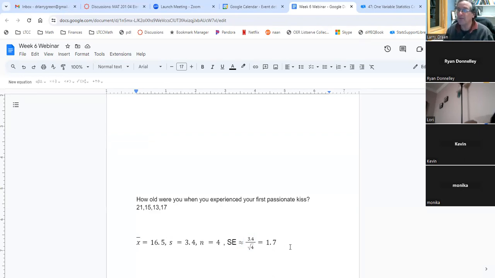Do you see how that works? Okay, so if you want to decrease the standard error by a factor of 3, you would have to have a sample size 9 times larger. Any questions on that? That's really important to understand that concept. It's not that hard math, but you have to remember to square it when you want to see what the factor you need, because you're dividing by the square root.